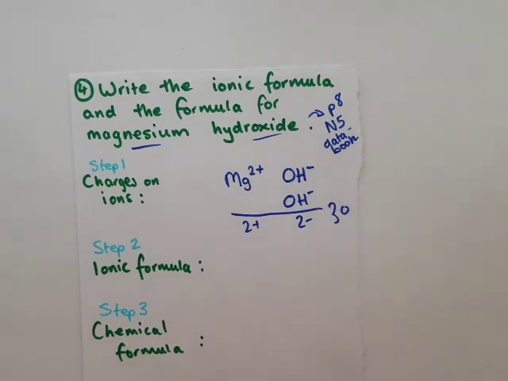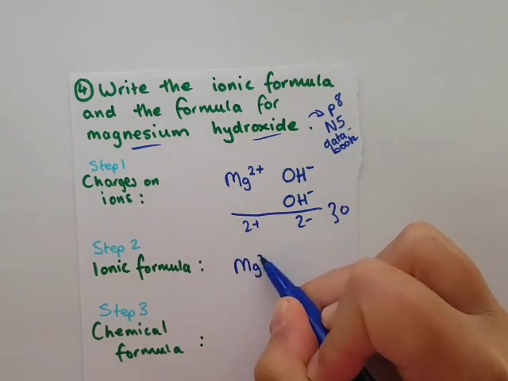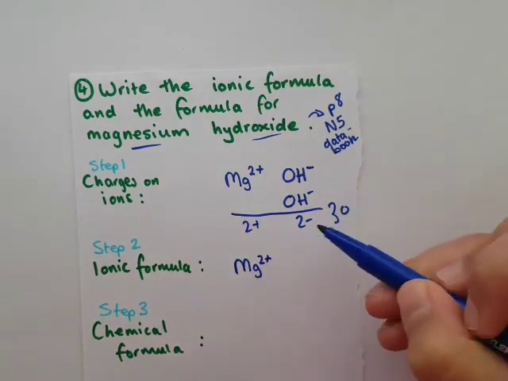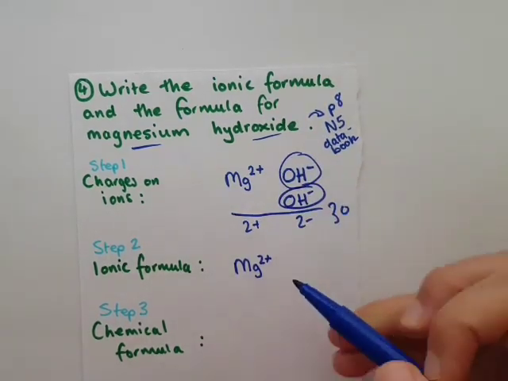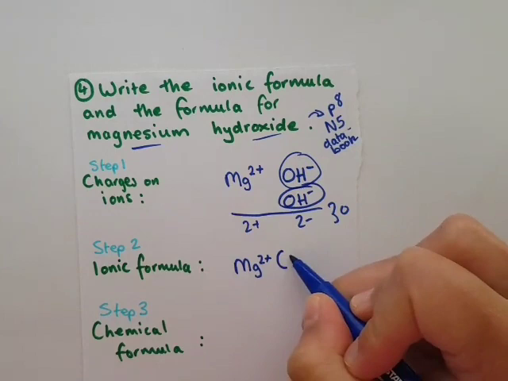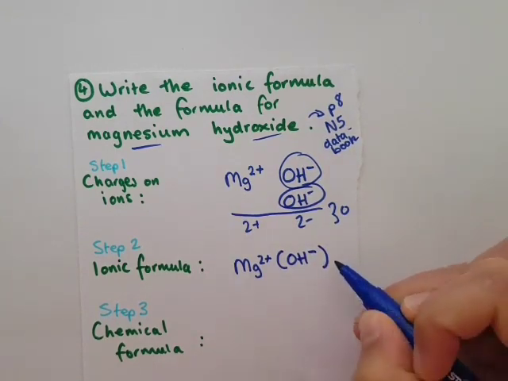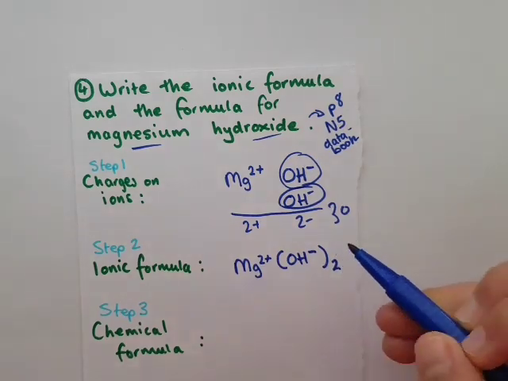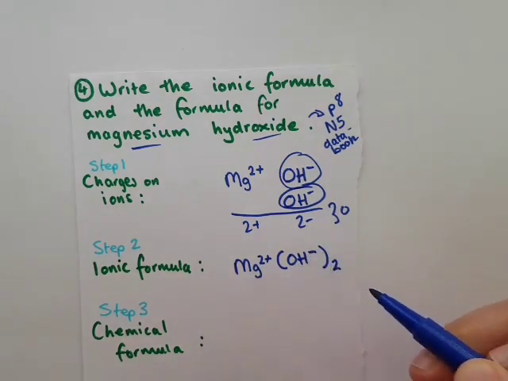Once we've worked out how many of each type of ion we need, we can put them together in the ionic formula. Now, because I need 2 of this whole thing, I need to put brackets around the hydroxide. And the 2 goes to the bottom right of the formula to show that there are 2 of this whole thing.